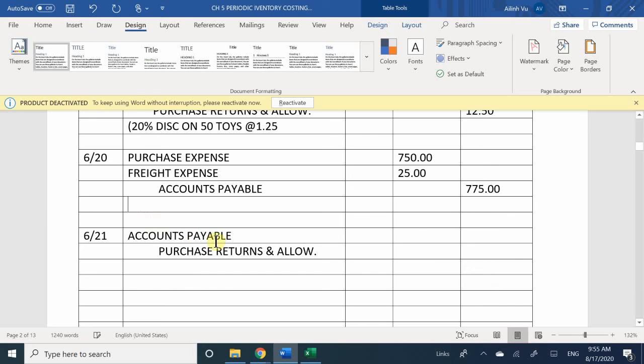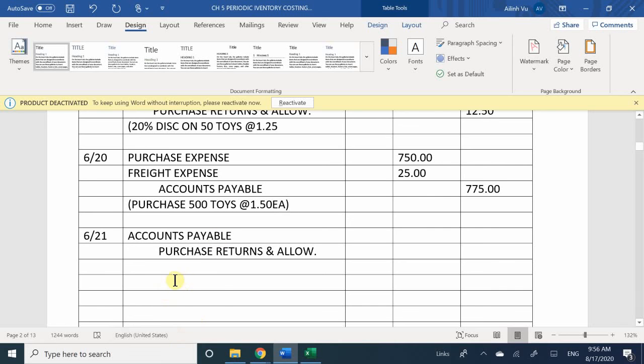I forgot another description here. I'm so bad at descriptions, man. We purchased, was it 500 toys? I'm going to do purchase 500 toys at $1.50 each.